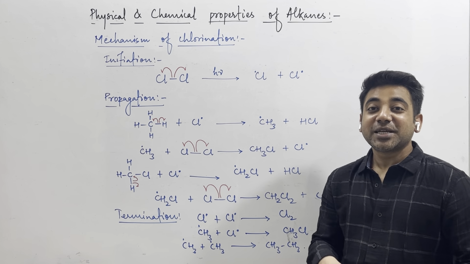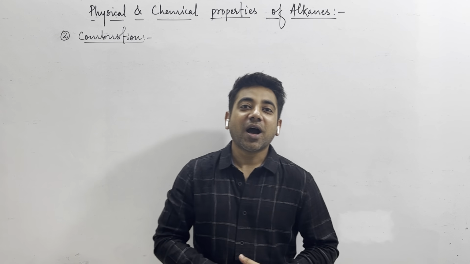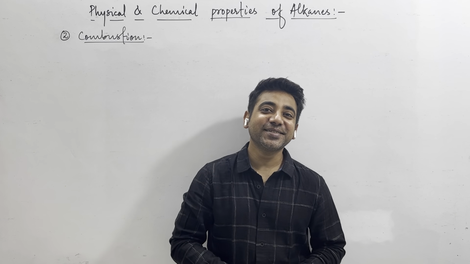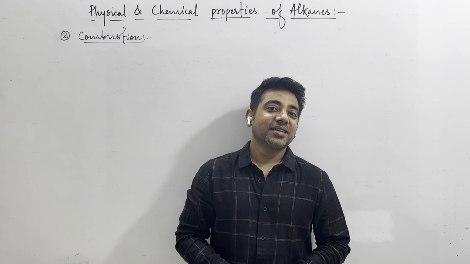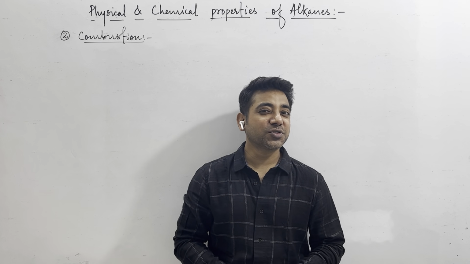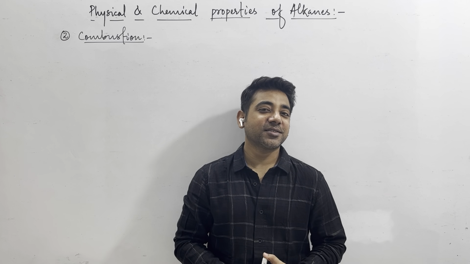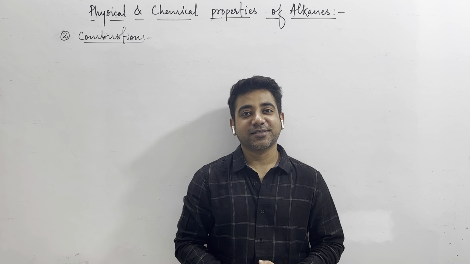Now we will be covering more reactions of the alkanes. So after halogenation reaction, now next is the combustion reaction. Combustion reaction of alkanes are the most common reactions, children. Every day you are observing this reaction.